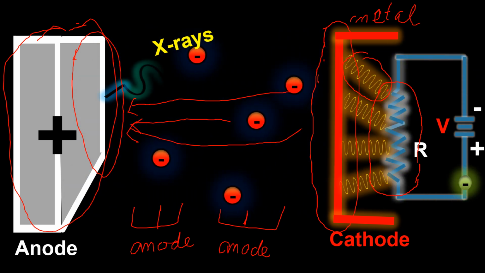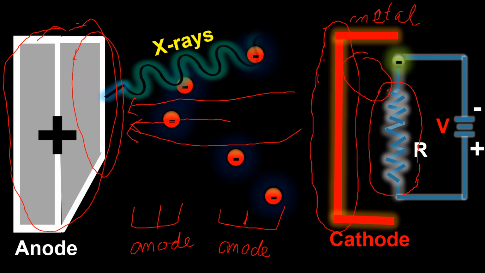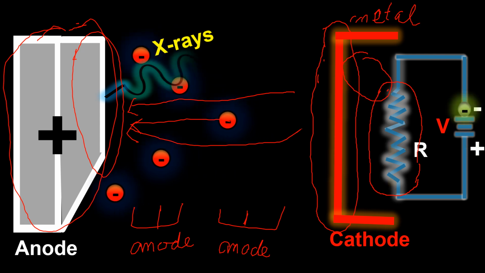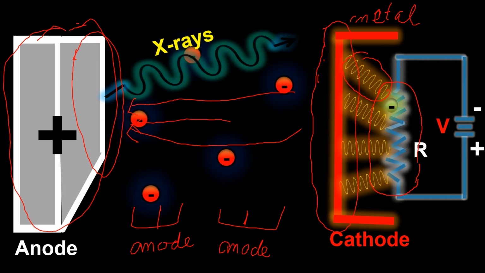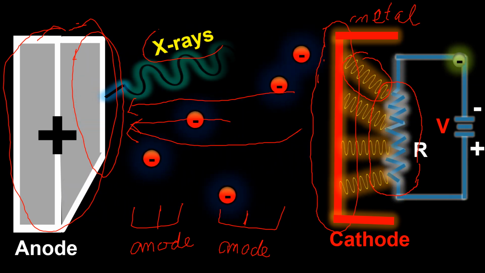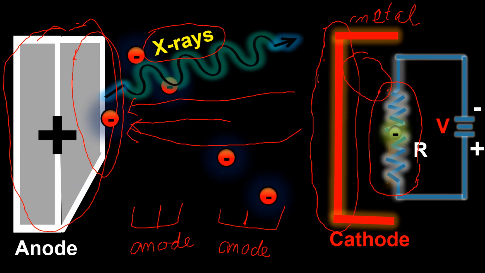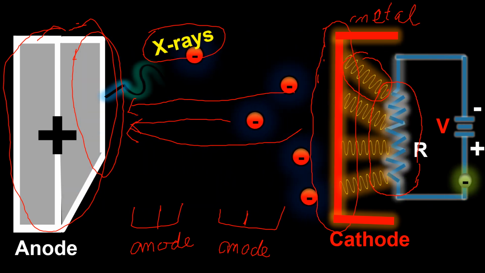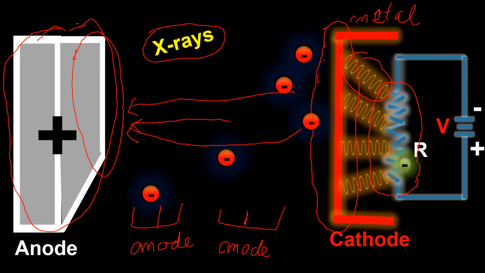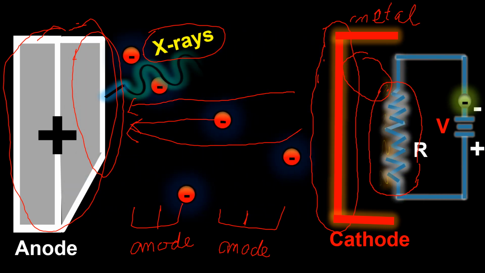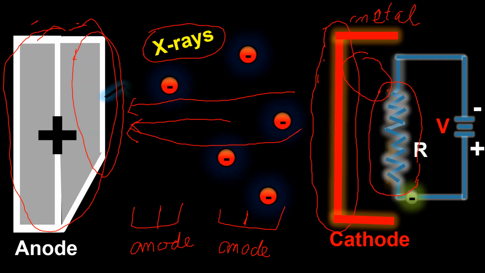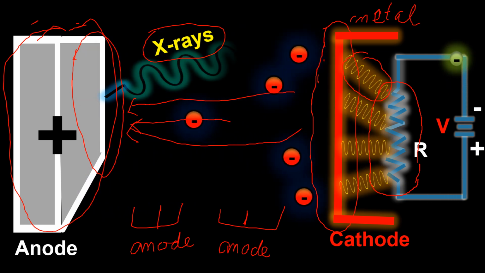If the stream of electrons interacts with the target anode nuclei, and if the acceleration of the incident stream of electrons decreases, then they will result in an emission of X-rays, which are known as continuous X-rays or bremsstrahlung X-rays or breaking radiation. So this is just an overview of the internal setup, the internal parts, which are essential in an X-ray tube.